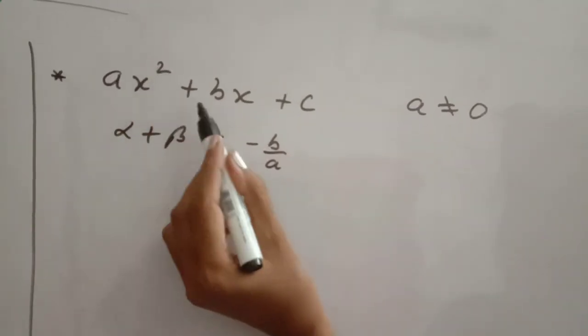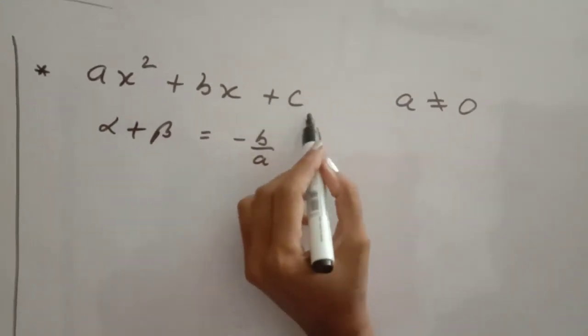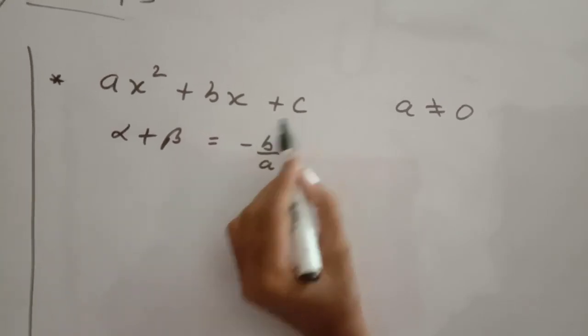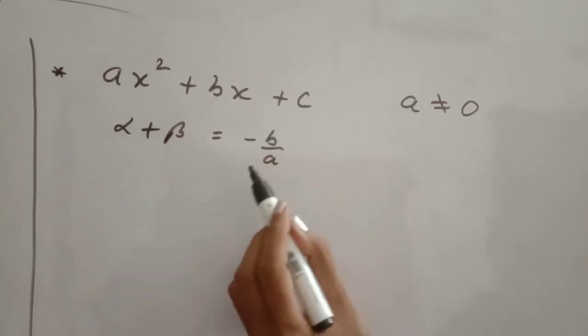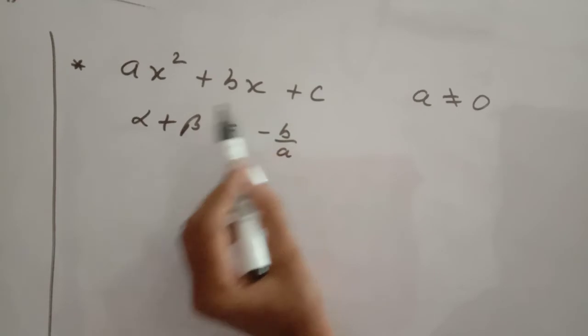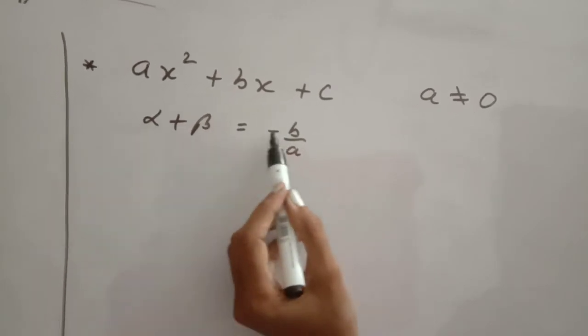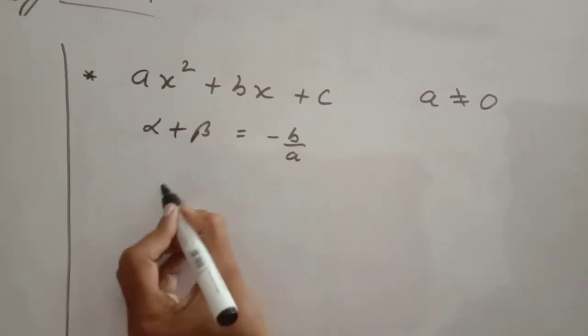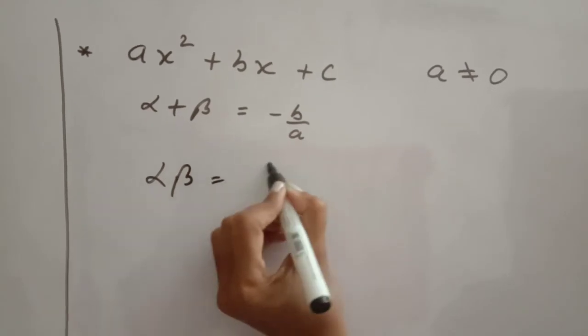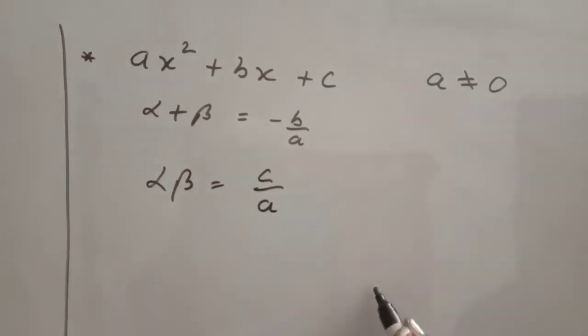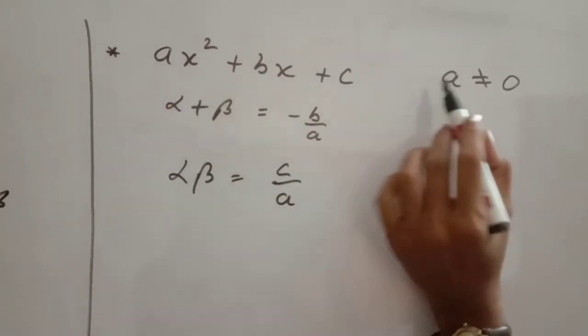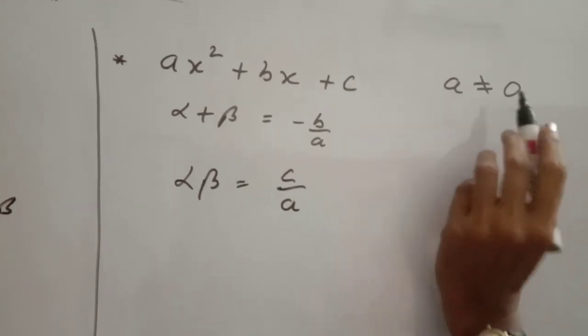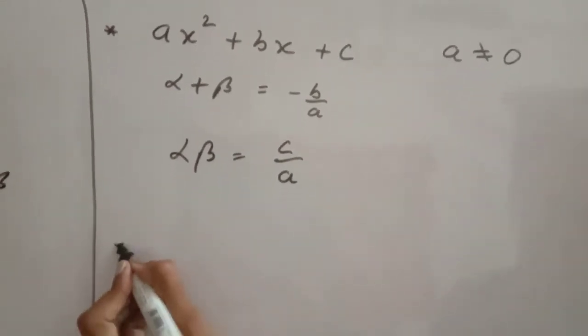If ax square plus bx plus c is my quadratic polynomial and alpha and beta are the two zeros of this polynomial, then alpha plus beta is equal to minus b by a and alpha into beta is c by a. Now it is a quadratic polynomial, so a can never be 0. Now let's talk about the cubic polynomial.